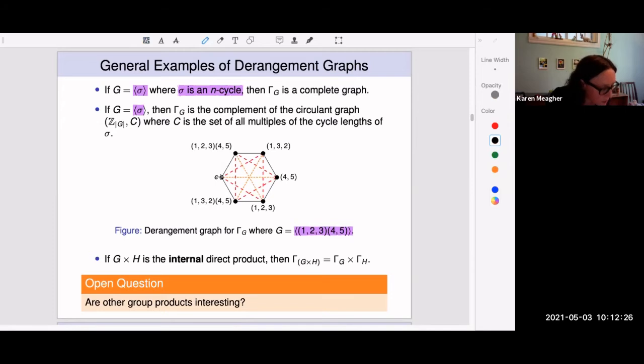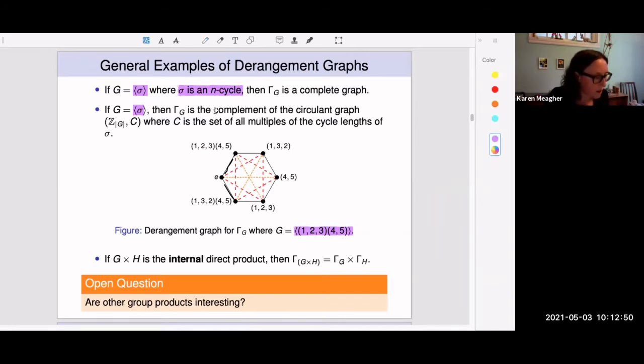If I start with the identity, it's going to be adjacent to the things that are derangements. And then for every time I take a cube or a square of this, I'm not going to get an edge because they're going to be intersecting. So I can actually write down the derangement graph as the complement of a circulant graph.